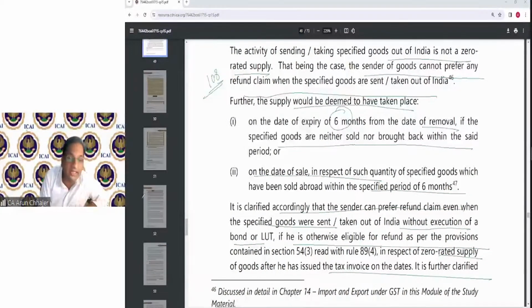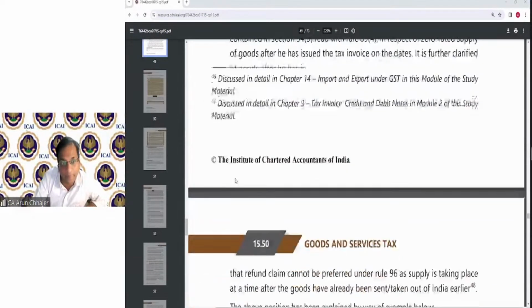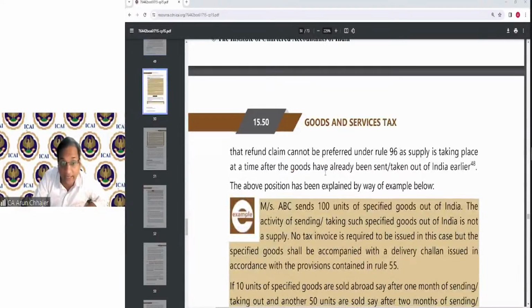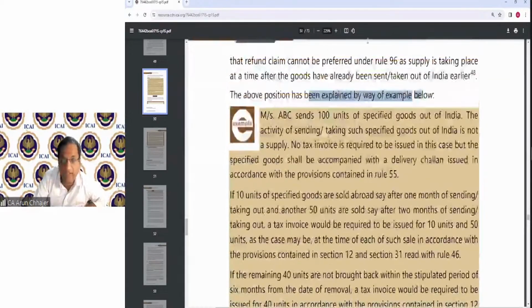It is further clarified that refund claim cannot be preferred under Rule 96 as supply is taking place at the time after the goods have already been sent or taken out of India earlier. Above provision has been explained by way of the example. You will find very interesting example.